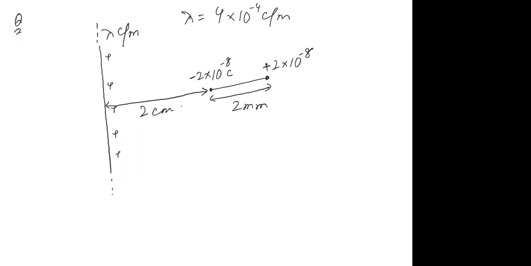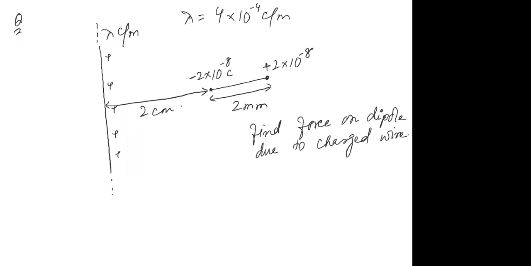Yes, sir. तो आपको बताना है कि find the force on the dipole due to the charged wire. मैं आपको बस एक hint दे देता हूं कि 2 centimeter is undoubtedly greater than 2 millimeter. That means you can neglect 2 millimeter with respect to 2 centimeter.